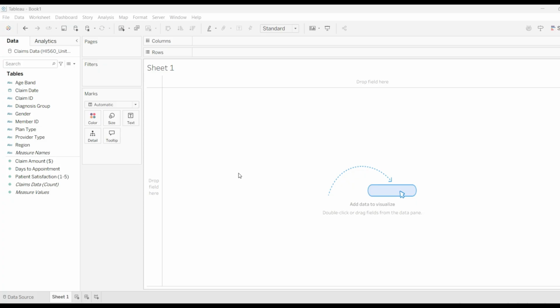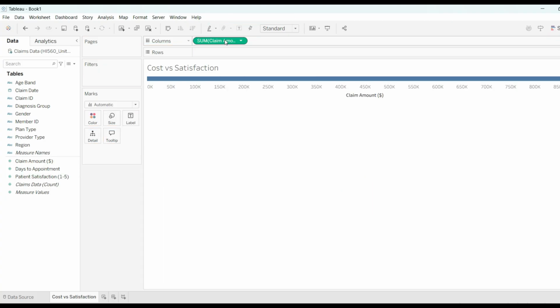So we've got the insurance data set, and this is the one that I used in the webinar 10, okay? So I've got cost versus satisfaction. I'm going to drag claim amount to my columns right here.